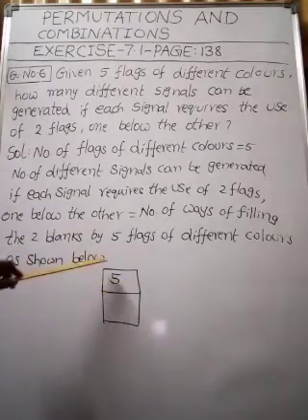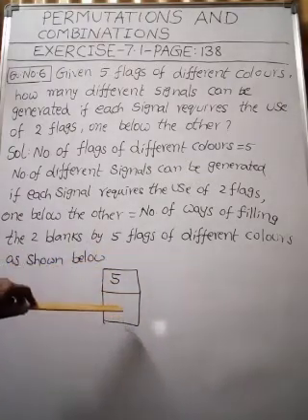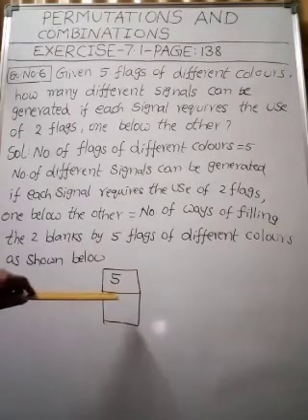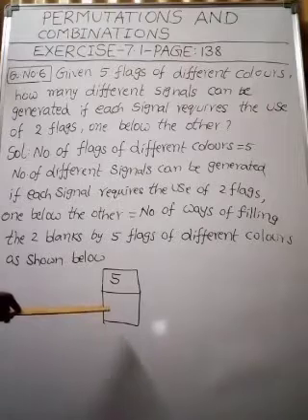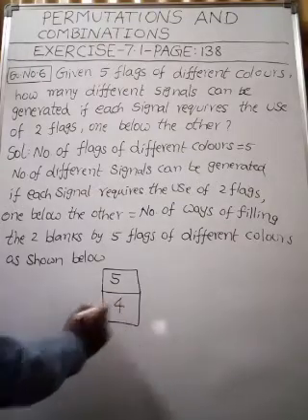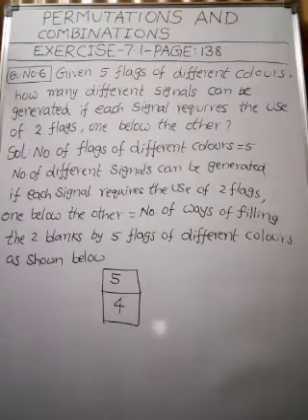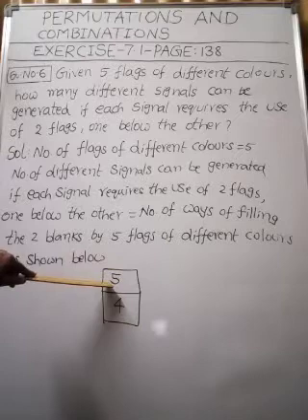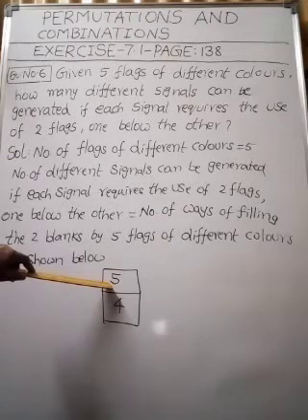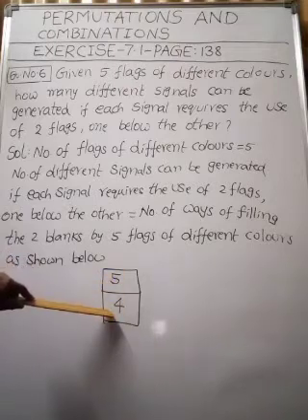This operation is completed. Now second operation, that is second event. Second event means second flag, choosing the second flag different from this color. How many ways are there? 4 ways. Yes or no, my children? After choosing this one flag, we have to choose from the remaining 4 flags, any one of the 4 flags. So 4 ways.